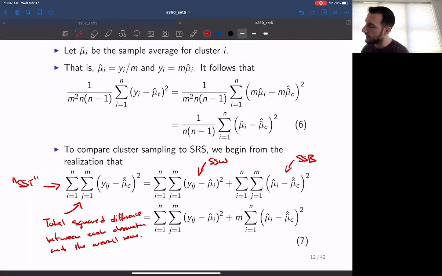Okay, and we can show that since neither of these values actually depend on m, this thing can become the same SSW term plus m times the sum from i equals 1 to n. Okay, so we have SST, SSW, SSB. So we're taking the complete deviation of the entire study and breaking it up into two components. And these are effectively the exact same things that we would see in a one-way ANOVA.